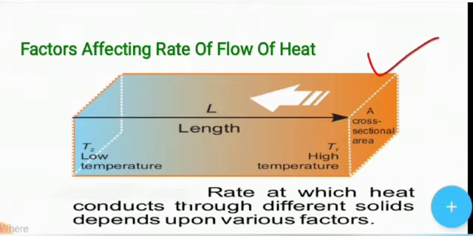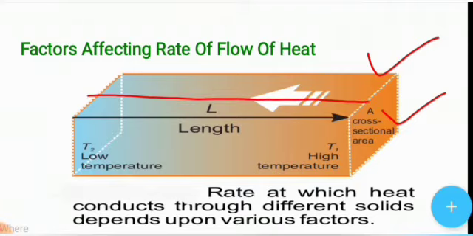One of its two opposite faces, each of cross-sectional area A, is heated to a temperature T1. Heat Q flows along its length. This is the length of this block, and heat will flow from this side to the other side.